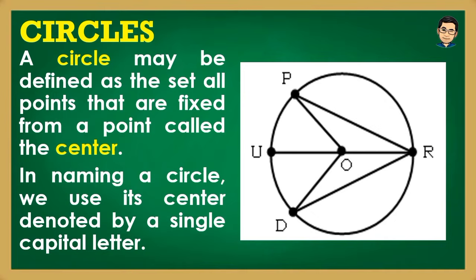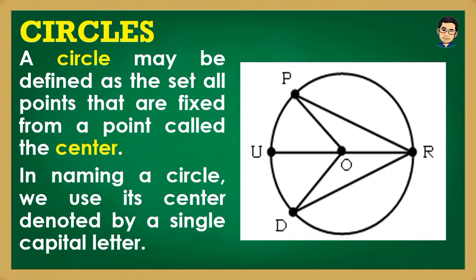Ang sabi nila, circle is a polygon. Circle is not a polygon, because it has no sides. Pag polygon po kasi, may sides po yun. Yung circle, paikot lang yan. Infinite ang ikot niyan. Walang katapusan. So, it's the set of all points that are fixed from a point called center.